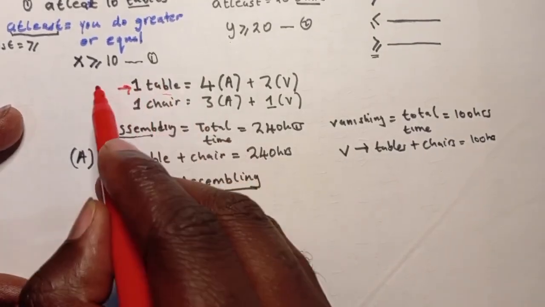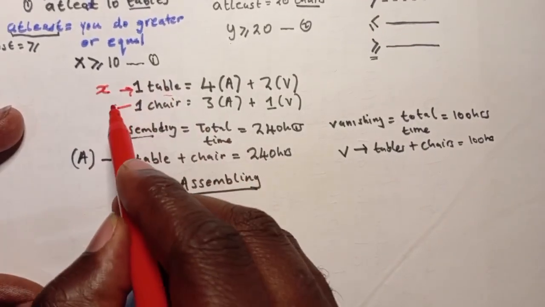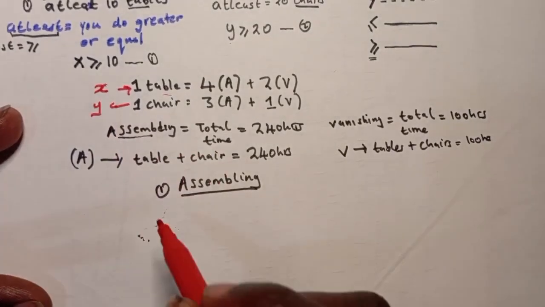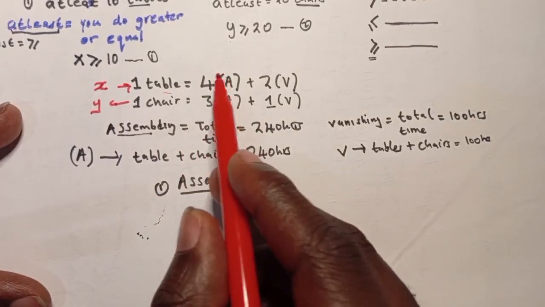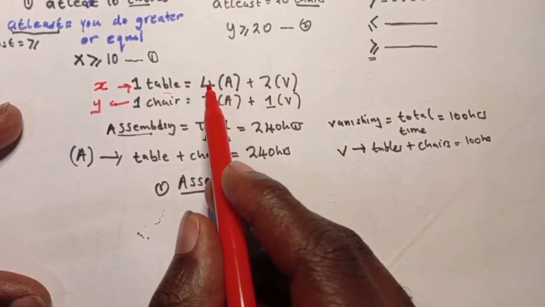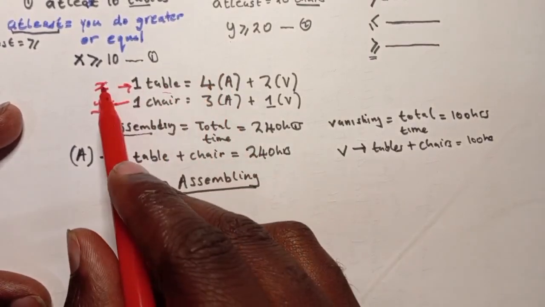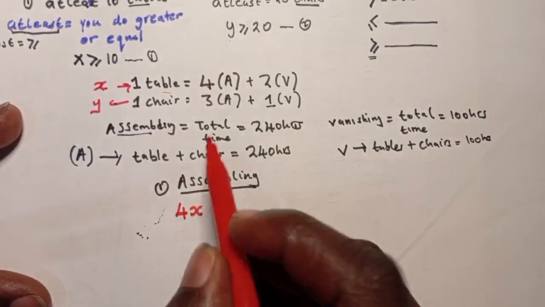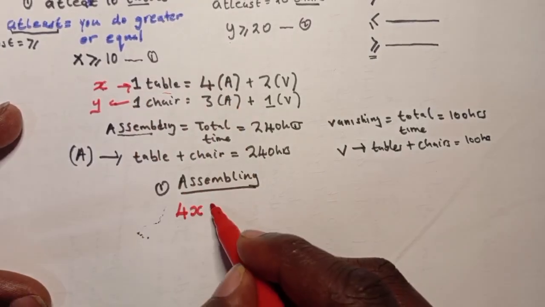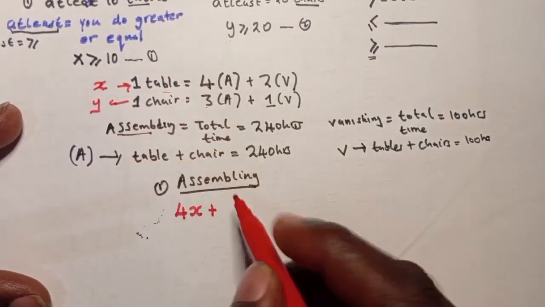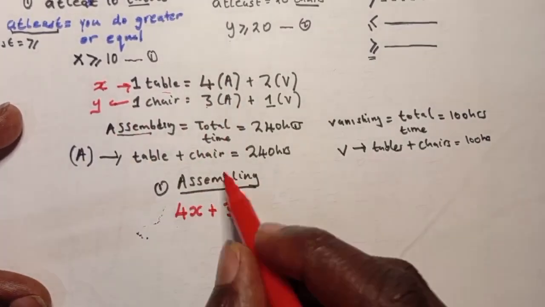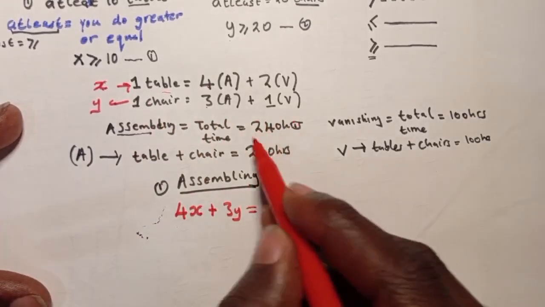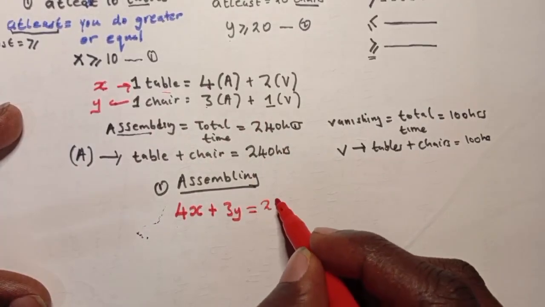Table here we are told it's x, chair here is y. So you're going to write an inequality like this. 4 hours for tables, you're going to say 4x, this is assembling tables, plus 3y, assembling chairs, is equal to the allocated time, which is 240.